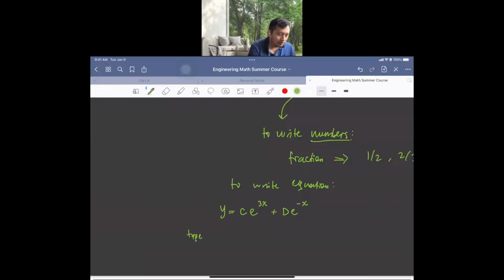In your typing, you write Y, C, E, and then with a power like that, using, if you're using a regular keyboard, the 6 key: you press shift and 6 and this will be your symbol, okay, and then 3x.